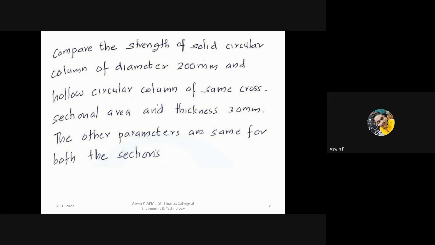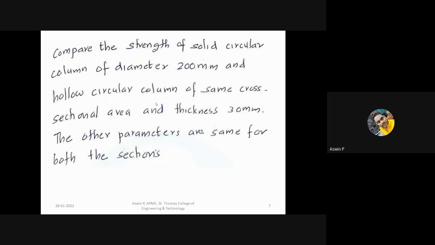That is the question. For that, we have an equation for crippling load as pi square EI divided by LE square. Pi is common for hollow and solid. E is common for both, but I is different. Moment of inertia is different for solid shaft and hollow shaft.